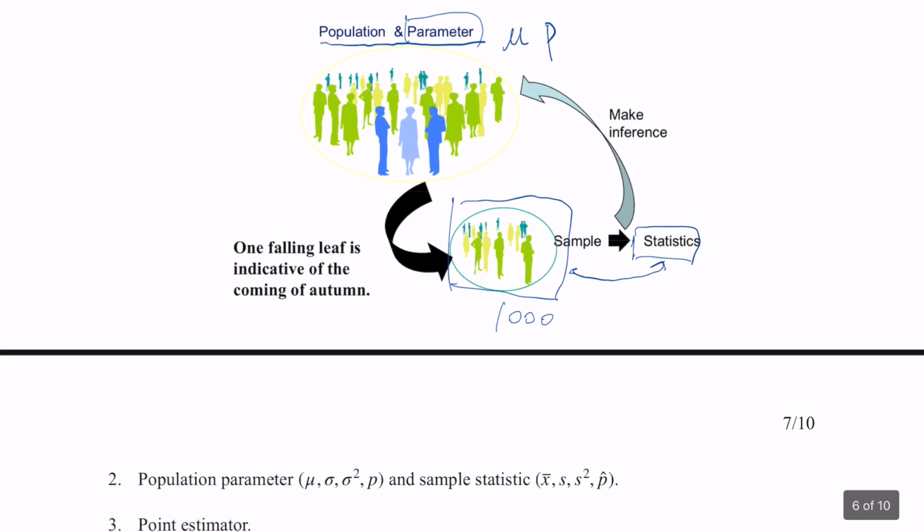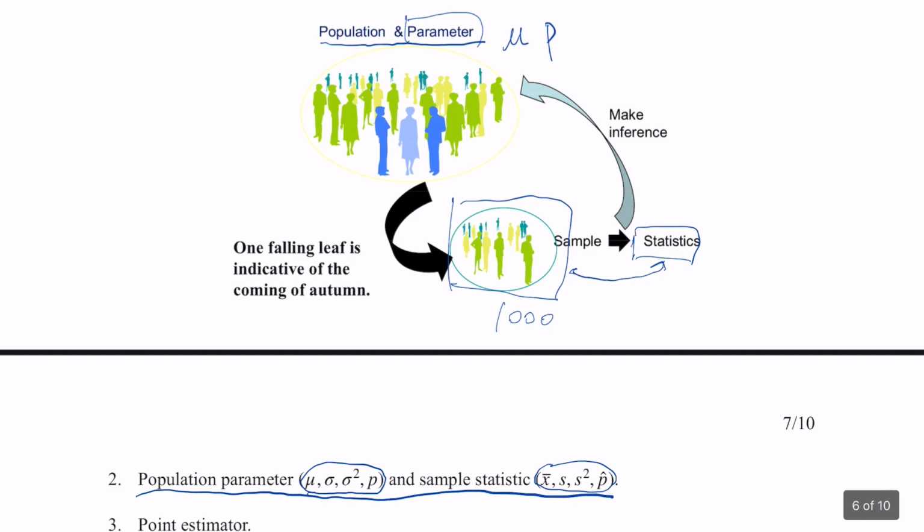And right, like I just said, you have to be careful with those characters, because the population parameters have their set of characters, and the sample statistics have their set of characters. If you're using mu, then it's the population mean.